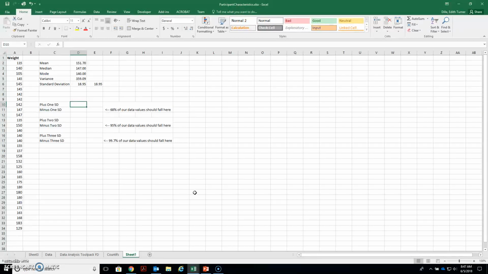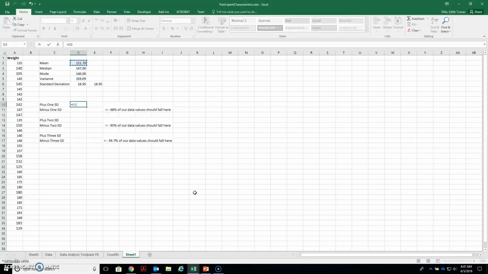So for the first part of the rule, 68% of our values should fall between one standard deviation on either side of the mean.